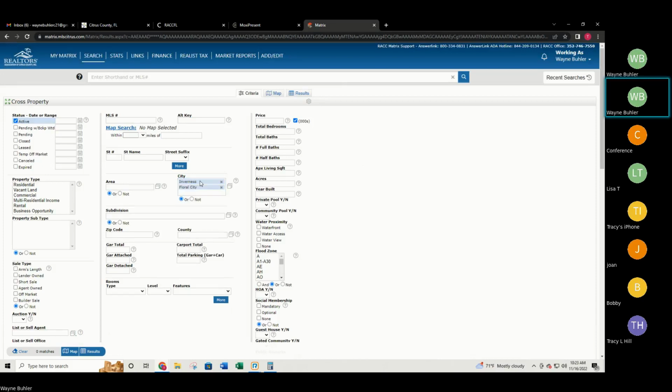They're in Inverness Golf and Country Club, which is close enough to Floral City that I would add it in. Again, let's do 2 to 9 acres. Realistically, if I search for my comparables here, all I would do is uncheck closed and check active. I skipped that step this morning, so I have to pump all this stuff in. Let's just say it was 2,400 to, I don't know, 3,900.